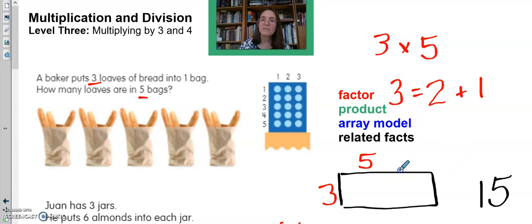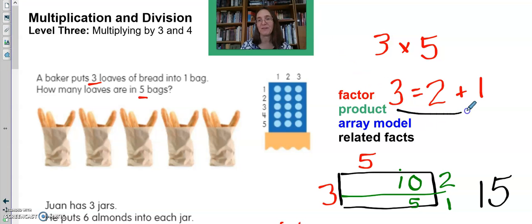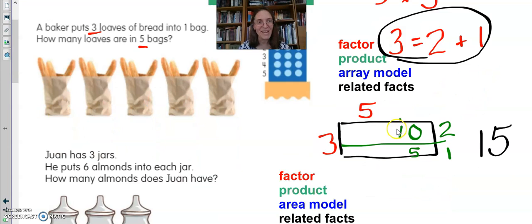So I could split this 3 up into 2 and 1. I know that 5 times 2 is 10 for this area, and 5 times 1 is 5, and I can easily add those together to get 15. So instead of using skip counting, I can use this special relationship here to get to my product of 15.